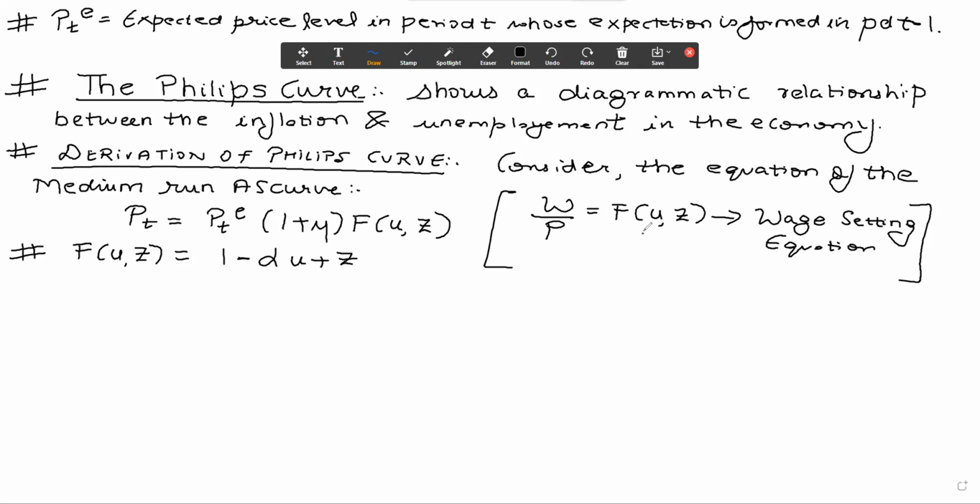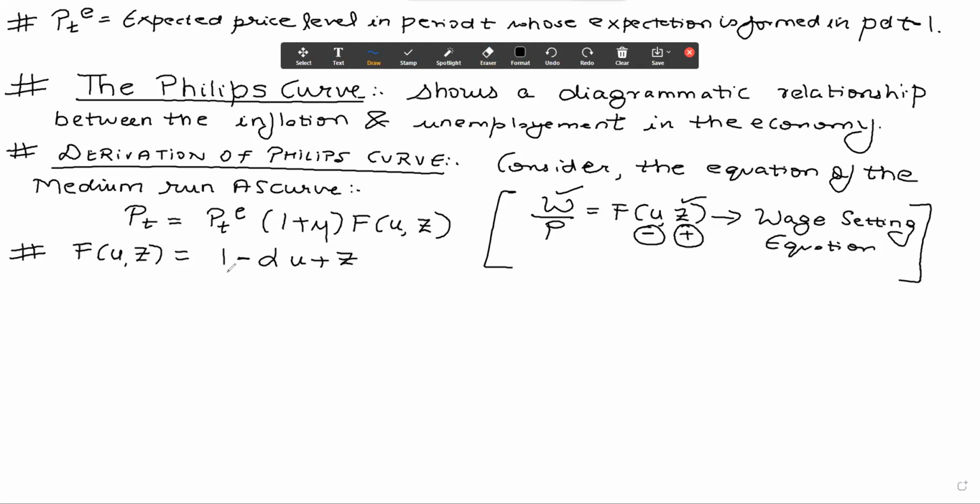Real wages share a negative relationship with unemployment and a positive relationship with z. So I can write f of u comma z as 1 minus alpha u, with a minus sign because f of u comma z shares a negative relationship with the unemployment rate, and plus z. Why plus z? Because real wages share a positive relationship with the catch-all variable, which captures unemployment insurance in our model. So our f of u comma z is 1 minus alpha u plus z.